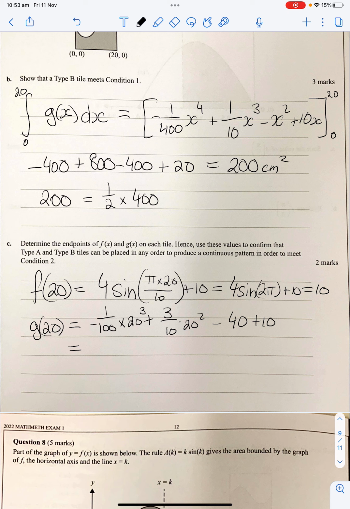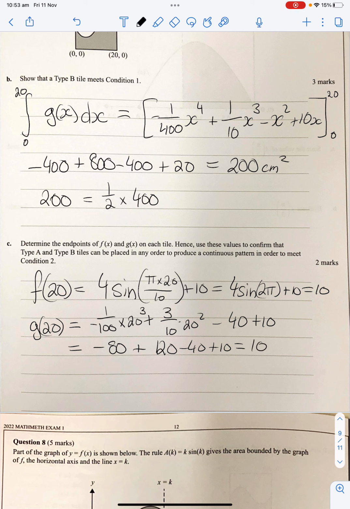So again, we've got 8,000 over 100, so negative 80 plus 120 minus 40 plus 10. That's 120 minus 120, so that's also equal to 10.